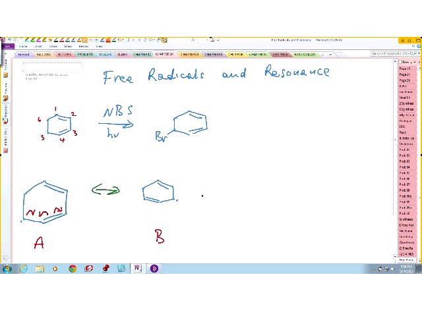So now this could react with your bromine to form the product.